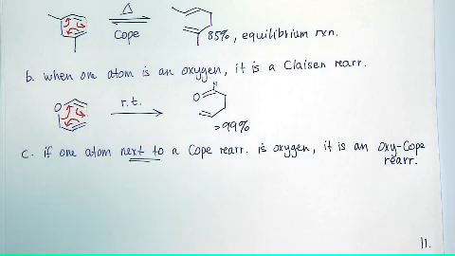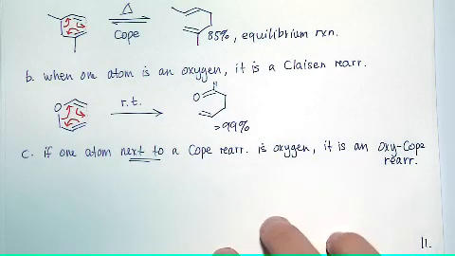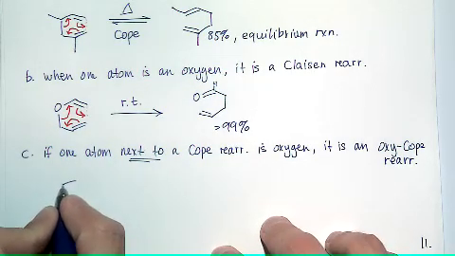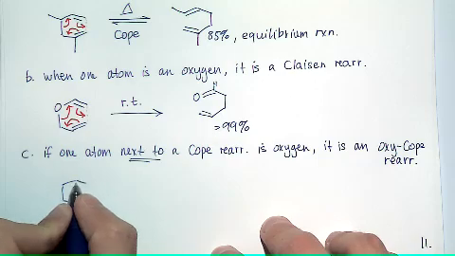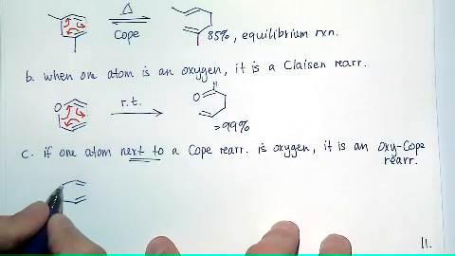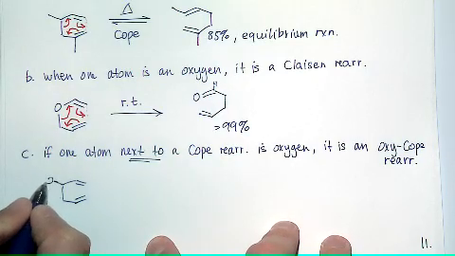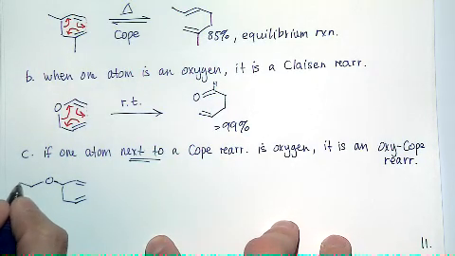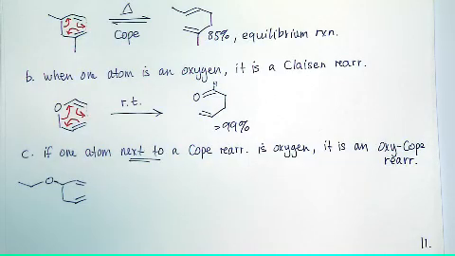Okay, so how is that different from a Claisen? Well, that would be just a regular Cope rearrangement, but if we have an ethoxy, like methoxy is 1 carbon, ethoxy is 2 carbons.